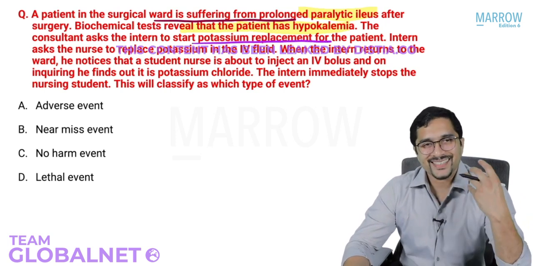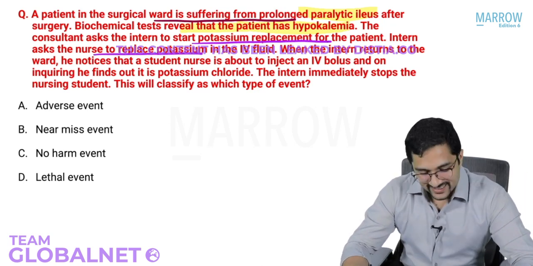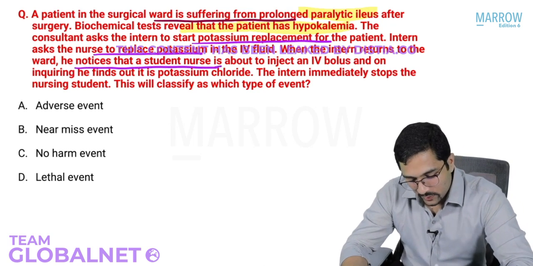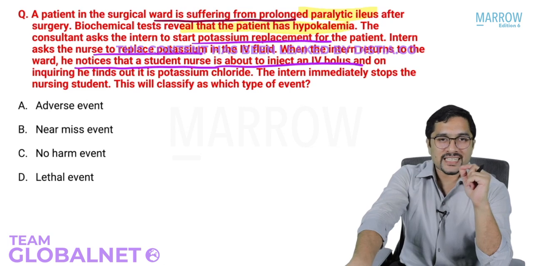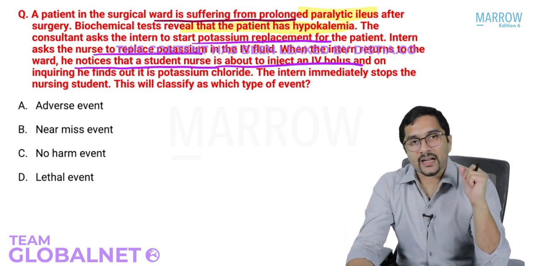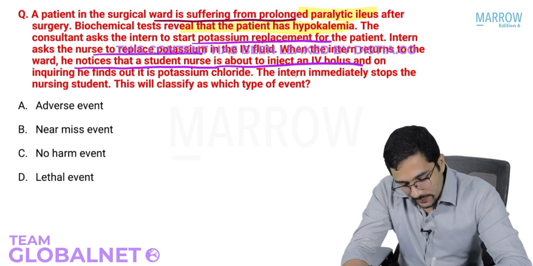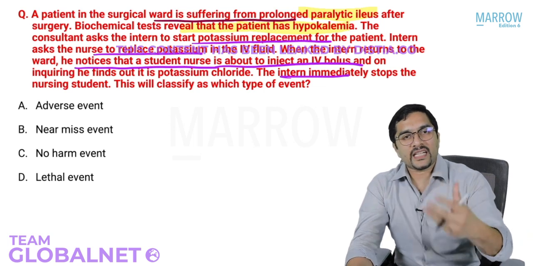The intern asks the nurse to start it. When the intern returns, he sees the student nurse about to inject an IV bolus of potassium. Now, if you inject an IV bolus of potassium, that is sure shot death for the patient, right? There'll be a cardiac arrest. So the intern immediately stops the nurse. So this will classify as what kind of incident.